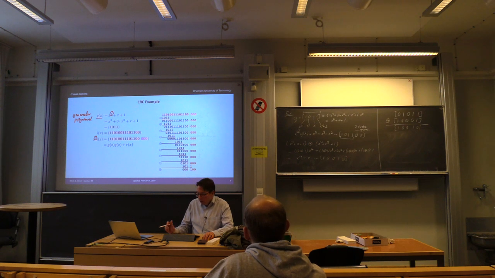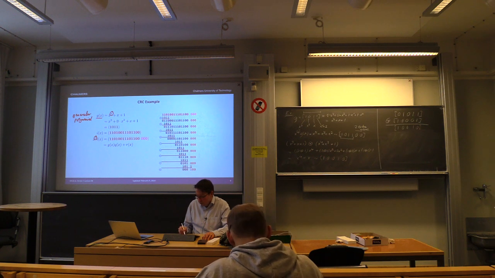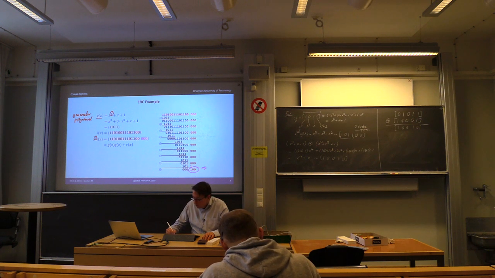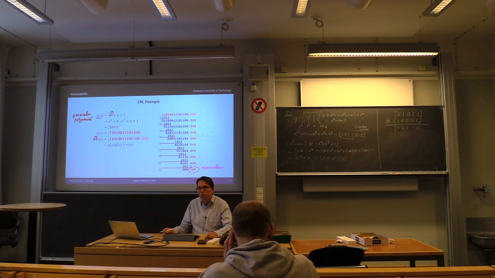Because now the leading one in what's left is here, and we cannot fit 4 bits of the divisor beneath it. So then this is the remainder, and these are the bits we were looking for.